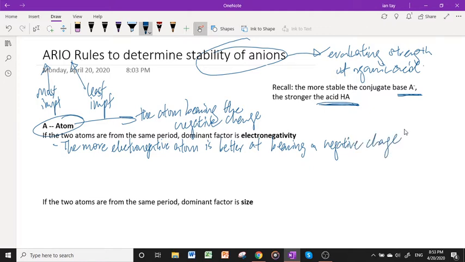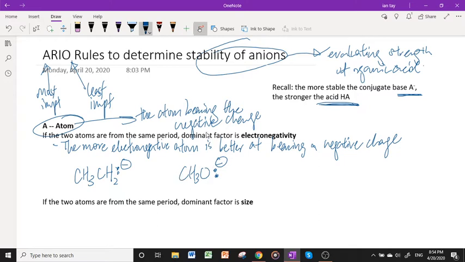So let us take a quick look at two examples. The first would be this anion here, the ethyl anion, and the next would be this anion over here, the methoxide anion.